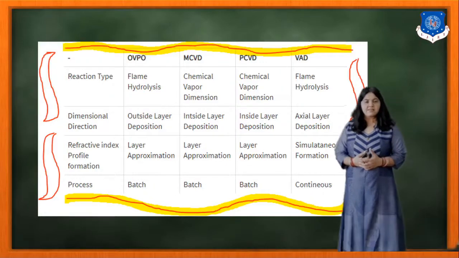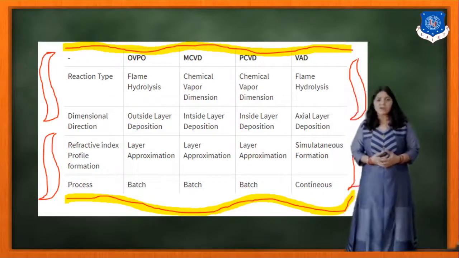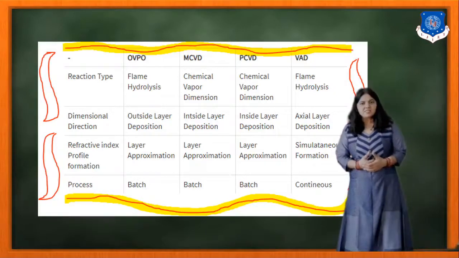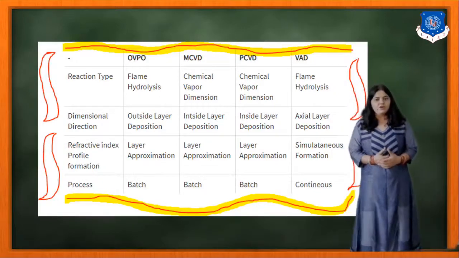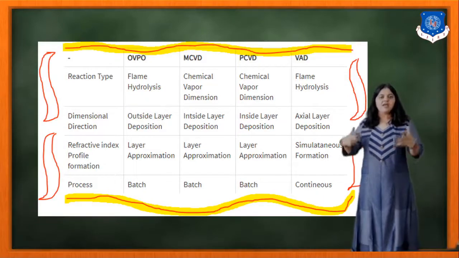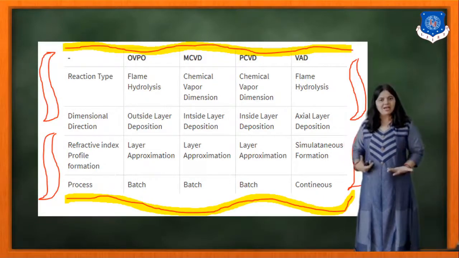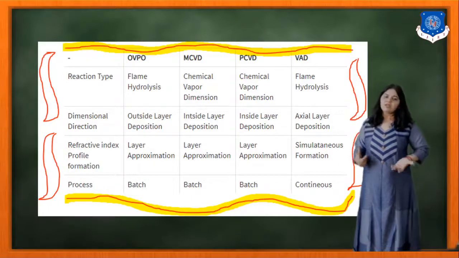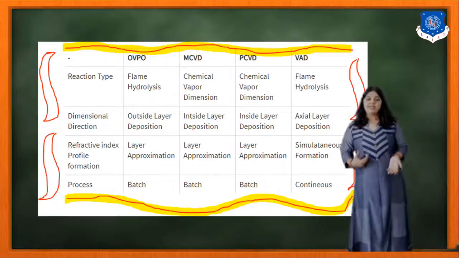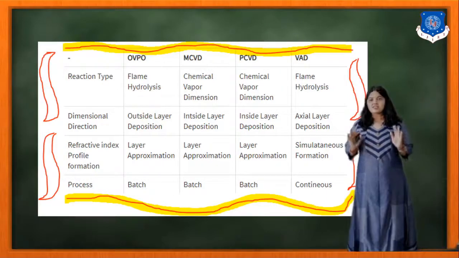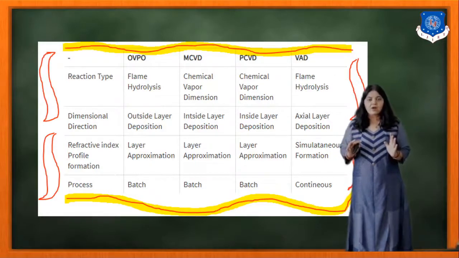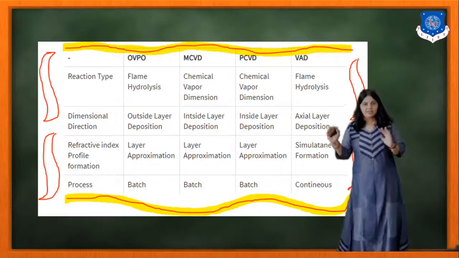The process of forming the fiber using OVPO, MCVD, PCVD, VAD: OVPO is a batch process, MCVD is again a batch process, PCVD is a batch process, and VAD is the continuous process. So this is about fabricating the fiber using the various methods.